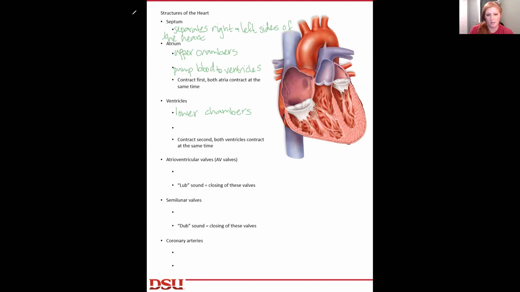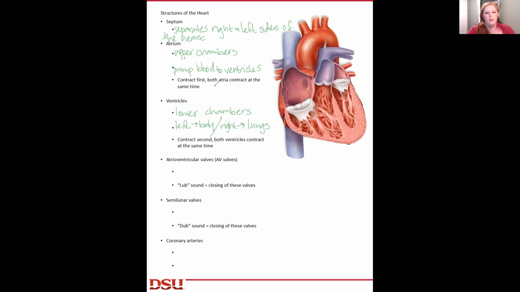In other words, they send the blood to specific parts of the body. So the left ventricle is going to go to the body, and then the right ventricle goes to the lungs.